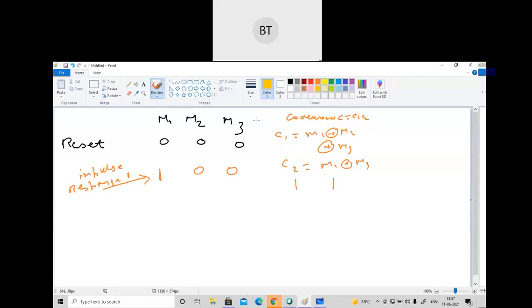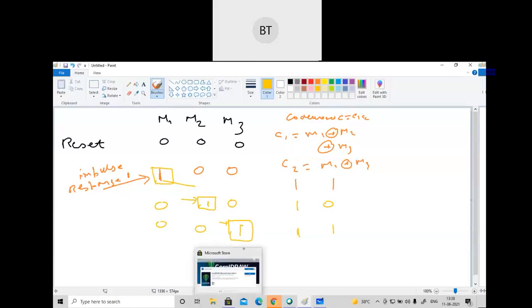Then I put in 0, and the bits shift: 1 moves along, so the register becomes 0 1 0, and I get 1, 0. After this, 0, 0, 1, and this one gets shifted again, and I get 1, 1. Never confuse this with the identity matrix. It is not an identity matrix. I started with 1 because I am dealing with the impulse response of 1. So this is about impulse response 1.